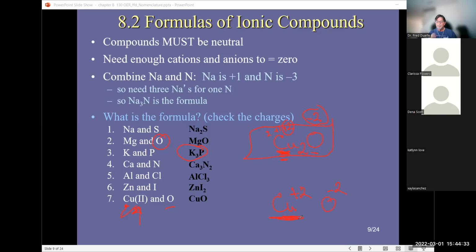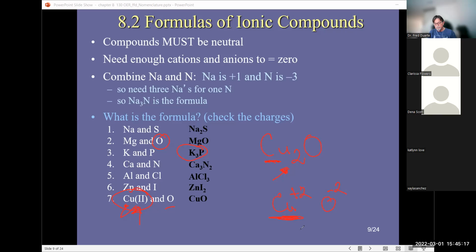Clear as mud? Let me redraw this. Does everybody agree that the copper we just did is a +2? Because that Roman numeral tells you you're working with copper +2. But let's say you weren't given these ions. Let's say you were given this formula, Cu2O, and you're asked, what is the oxidation state of this form of copper? Keep in mind that there are 2 of them in this formula.